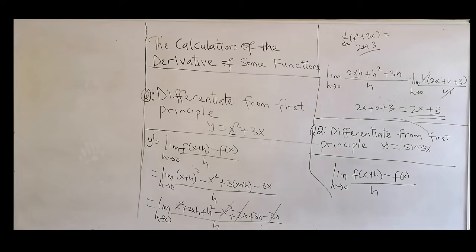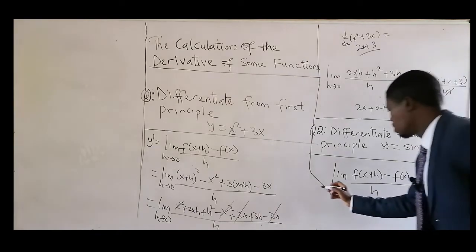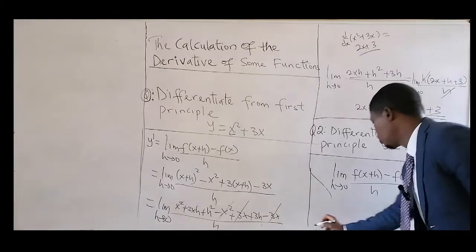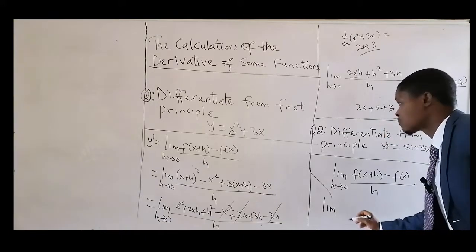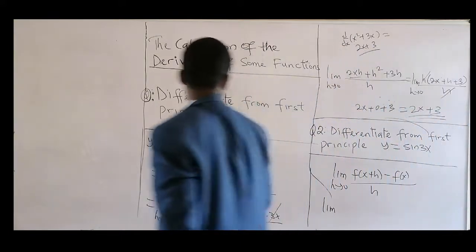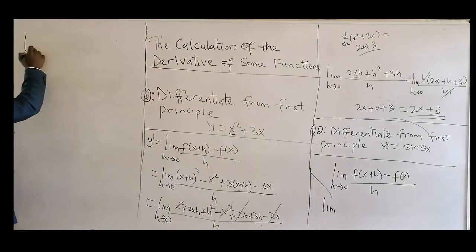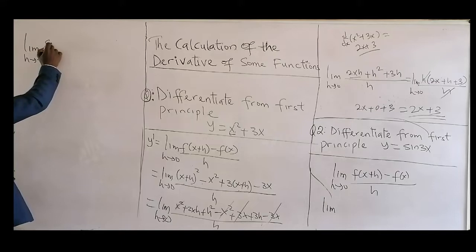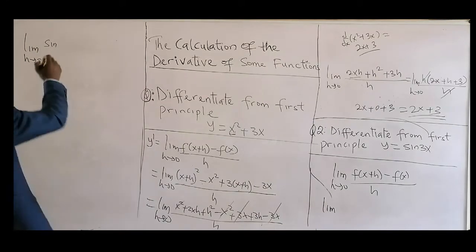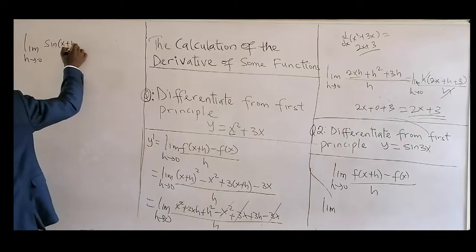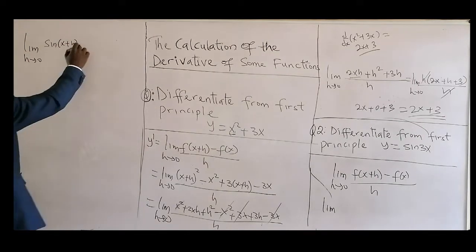Then the next thing to do is, this will be equal to the limit as h tends to 0 of, wherever you see x, you plug in x plus h, minus the original function.